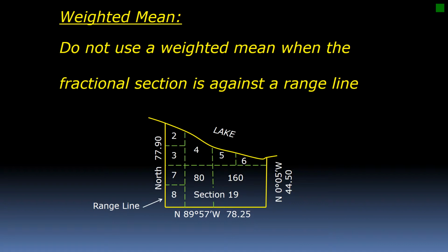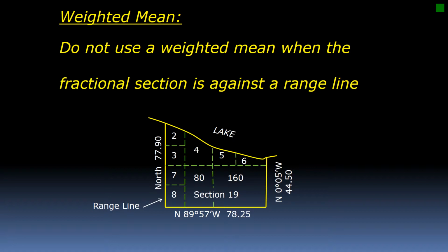what we would do is we would have the center north-south section line parallel with the east line, and then the other subdivision line for the lots parallel with the east line as well. And in this case, we would also have the east-west center of section line parallel with the south line.